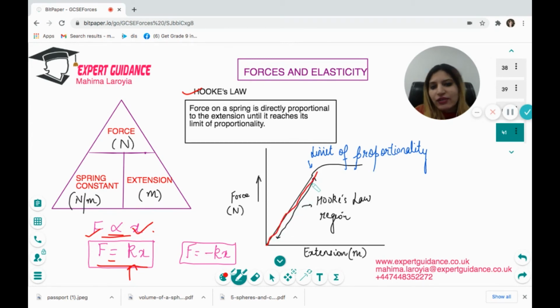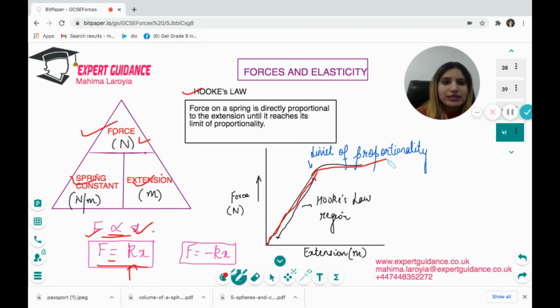As we increase the force, the extension is increasing, and this is the graph which shows a spring obeying Hooke's law. We can use this triangle: force is equal to k times e, where force is given in newtons, the spring constant is given in newtons per meter, and extension is in meters. You can see that there is a little curve and flattening of the graph here, and this is the point which is the limit of proportionality or the elastic limit.